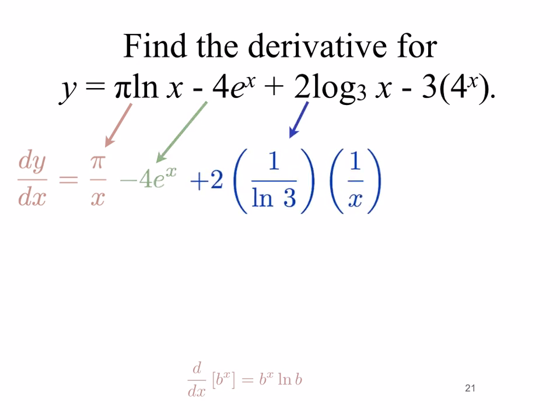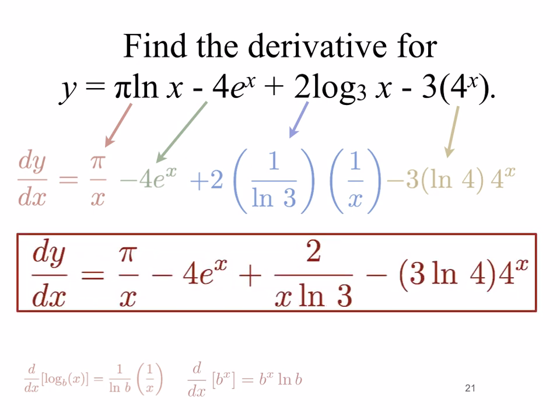Moving to the third term, the derivative of log base 3 of x would be 1 over the natural log of 3 times 1 over x. And then, of course, we multiply that by the 2 that's there. And finally, for the fourth term, the derivative of 4 to the x is natural log of 4 times 4 to the x, and then we have the constant of minus 3.